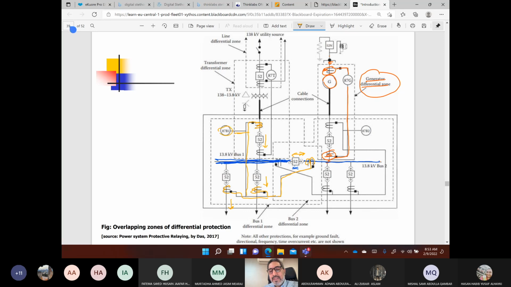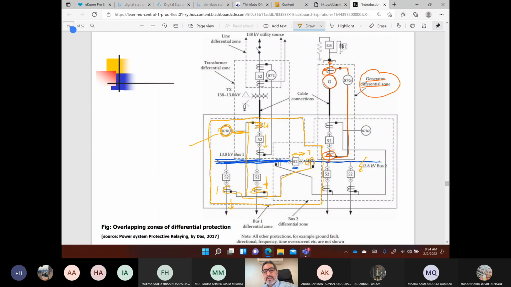Now all these currents measured from the 1, 2, 3, 4 CTs will go to the bus bar section 1 differential protection. So this area defines the zone of the protection for this bus bar differential protection, bus bar 1, but it will not detect any faults here because this fault is not within the zone of the bus bar 1 protection.